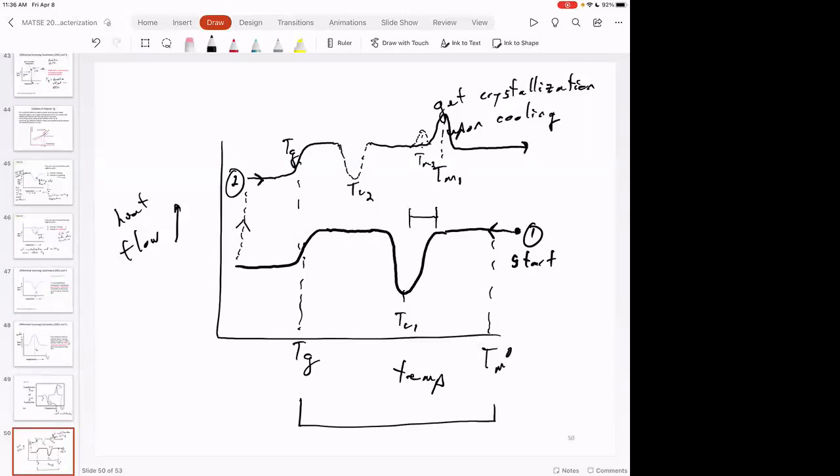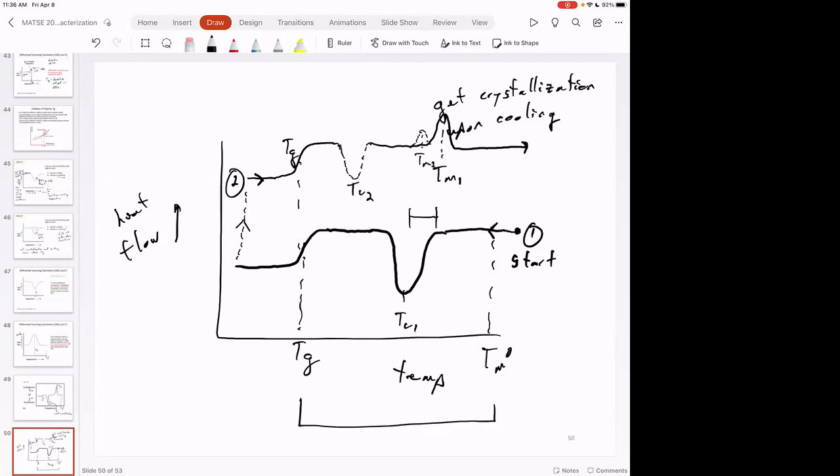Yes? I'm just confused, when we heat up, why is there crystallization? Yeah, so if the polymer still wants to crystallize, so if it's still a semi-crystalline polymer, you can have some extra crystallization until you hit the maximum crystallization for that polymer.